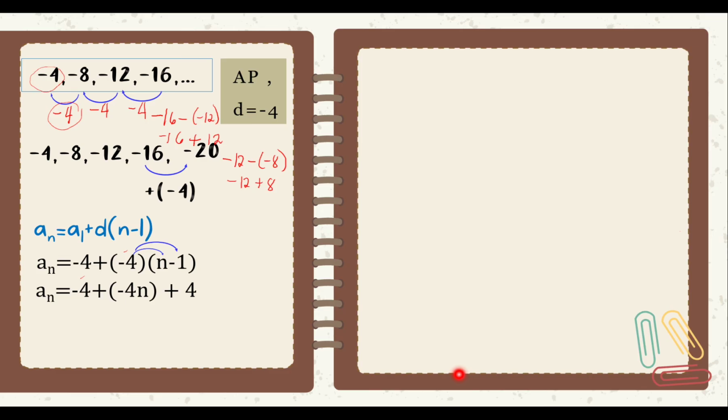Negative 4 times a negative 1 is a positive 4. And you can see here that we have a negative 4 and a positive 4, which may be simplified. Negative 4 plus 4 is 0, giving us the final formula to be a sub n is equal to negative 4n. That's the formula for this given sequence.